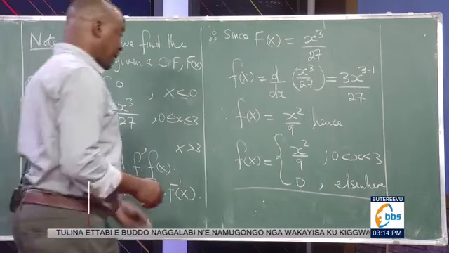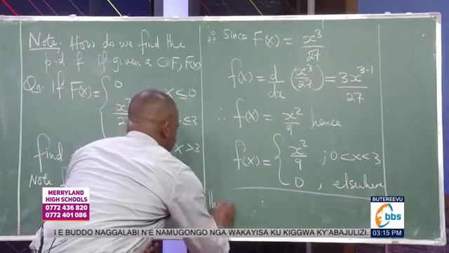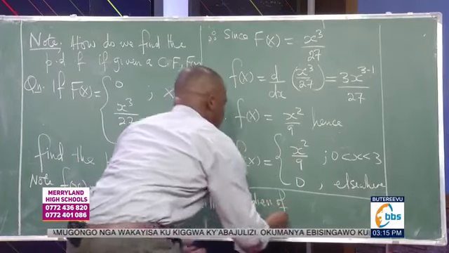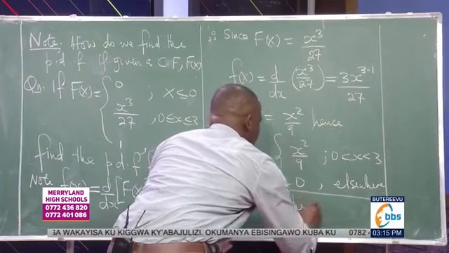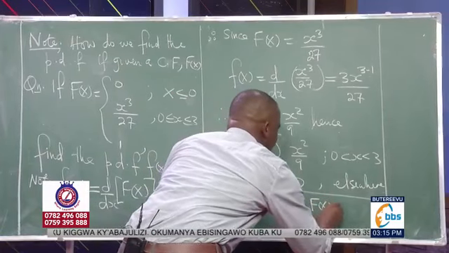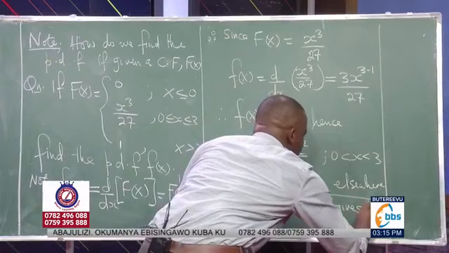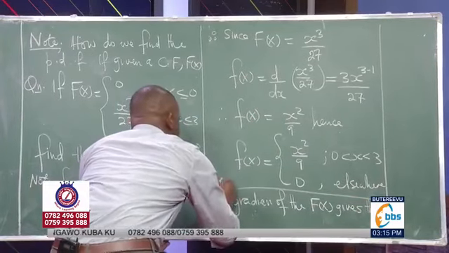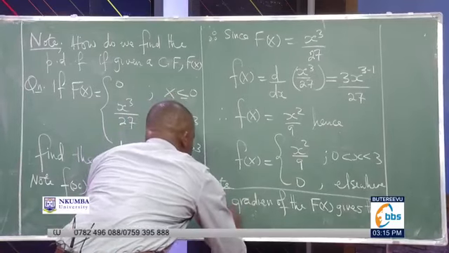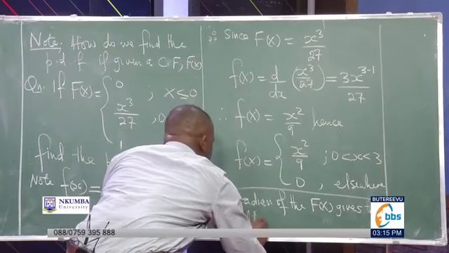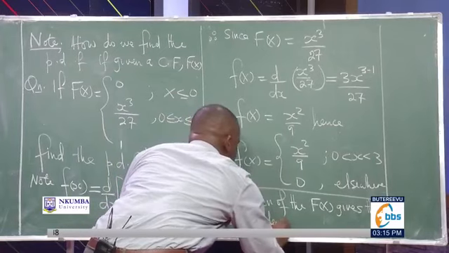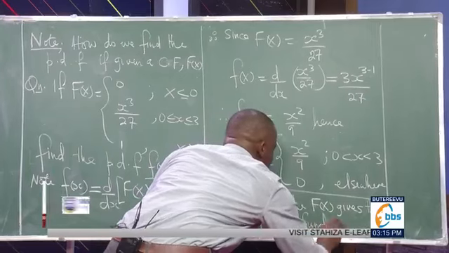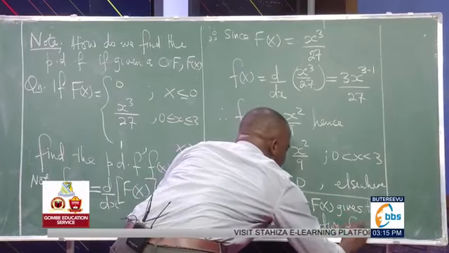So we can simply say that the gradient of the cumulative distribution function gives the probability density function, which we are calling small f of x.